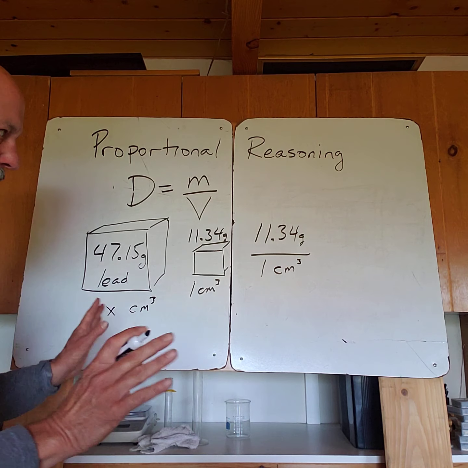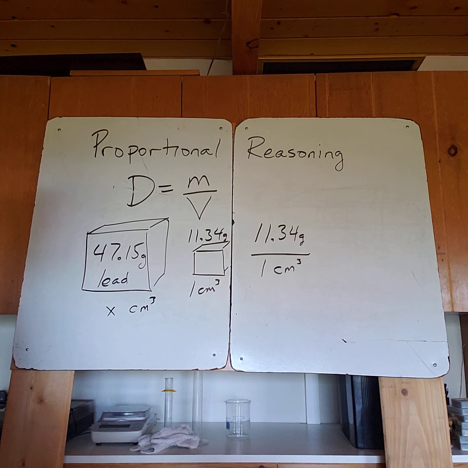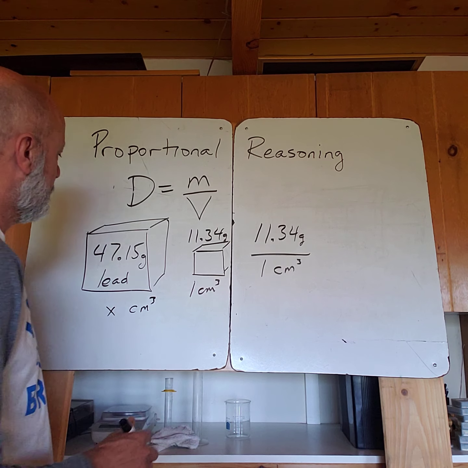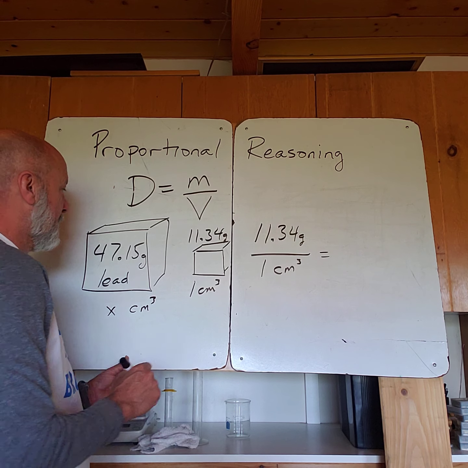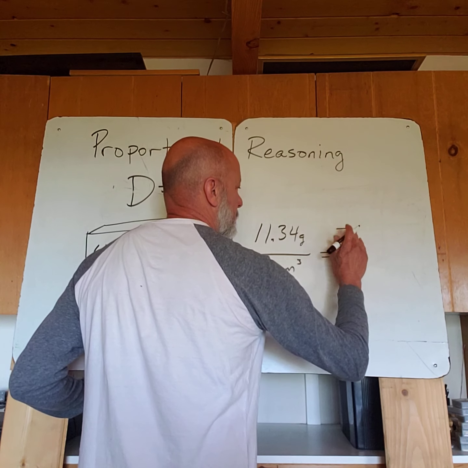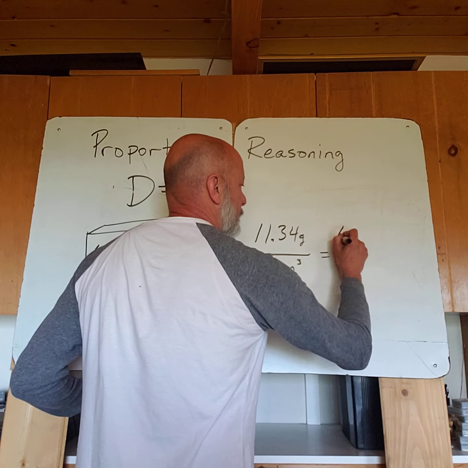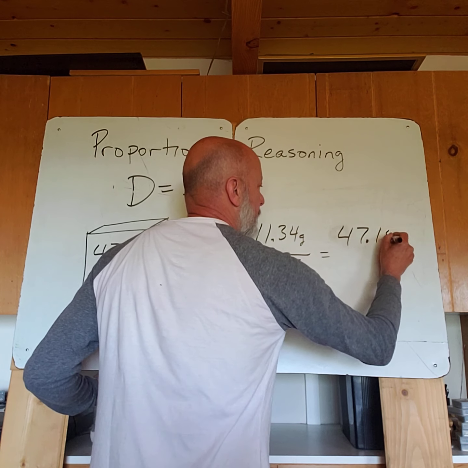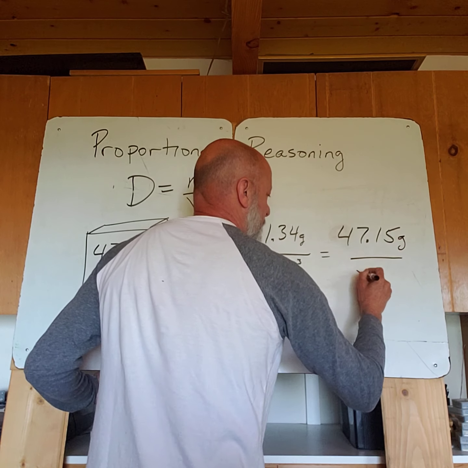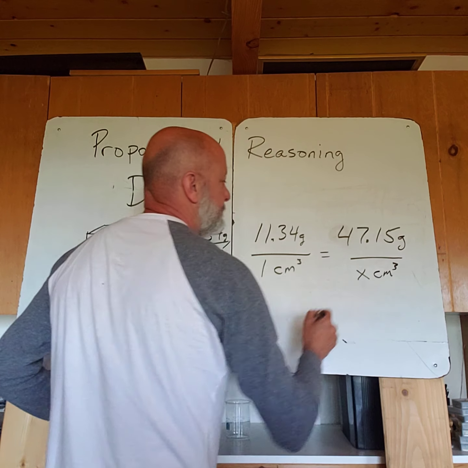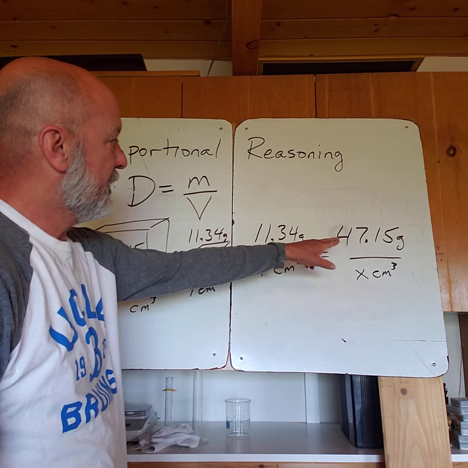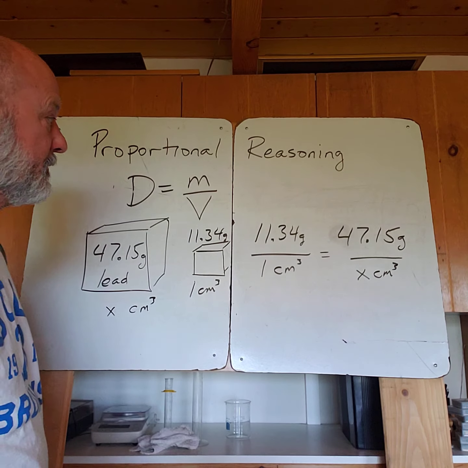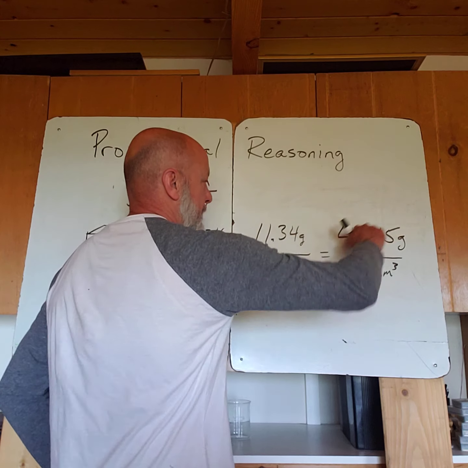I'm going to leave off the zeros for now, it's to 3 sig figs. As 47.15 grams is to x cubic centimeters. That's our proportional reasoning. So I can see it's definitely going to be more than 1 cubic centimeter, and that's a way to make sure I do this right.